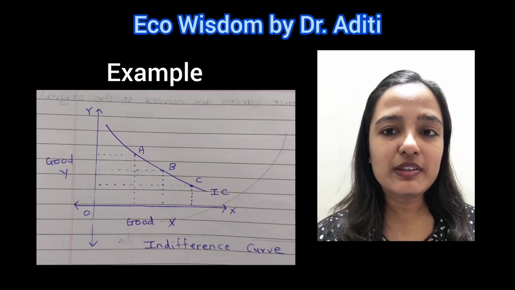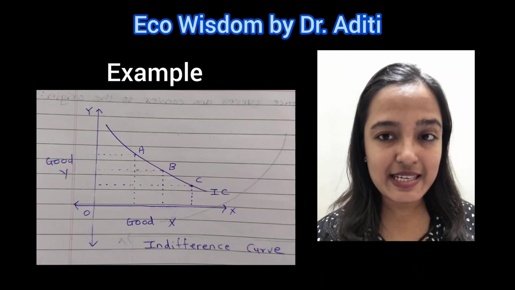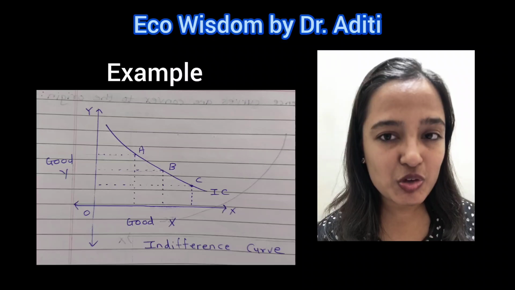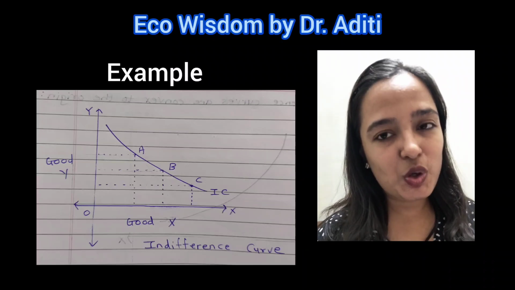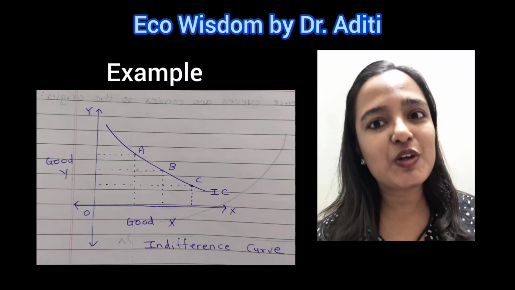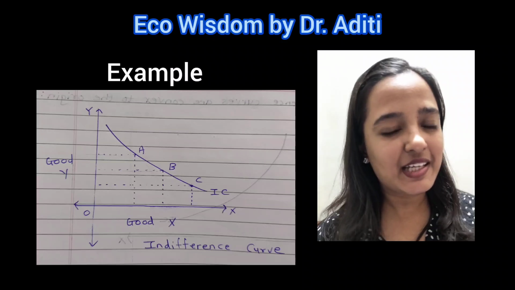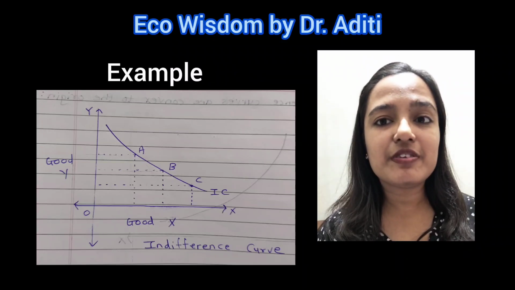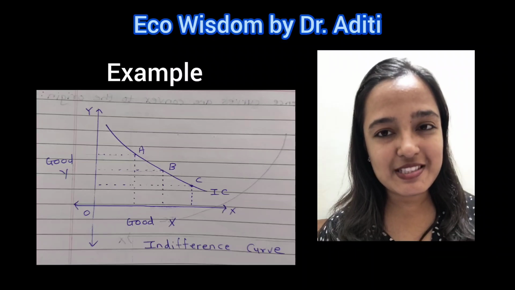Now on the other point on the same indifference curve, again there will be some other combination of banana and apple which will also give the consumer the same level of satisfaction, which is XYZ level of satisfaction. So that is how indifference curve in theory takes place.